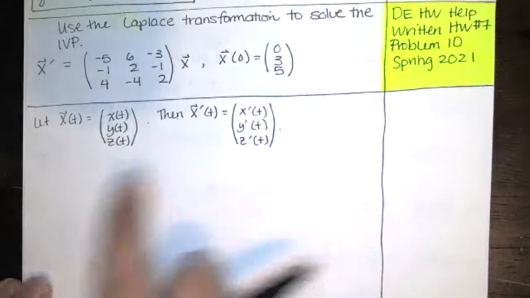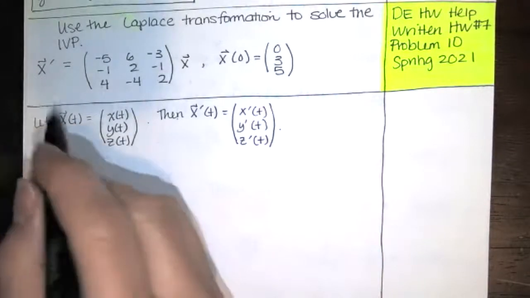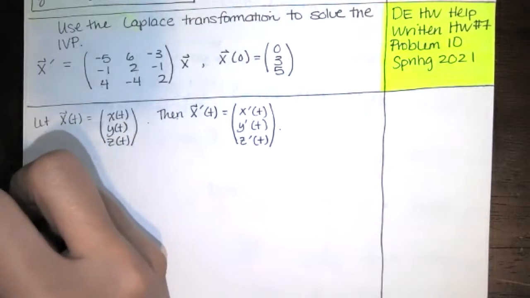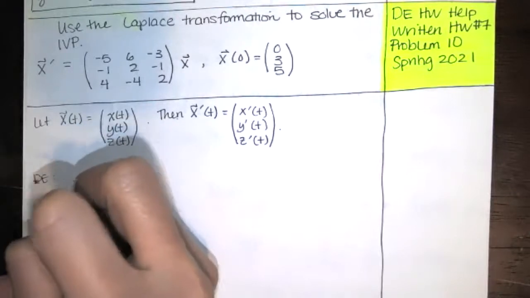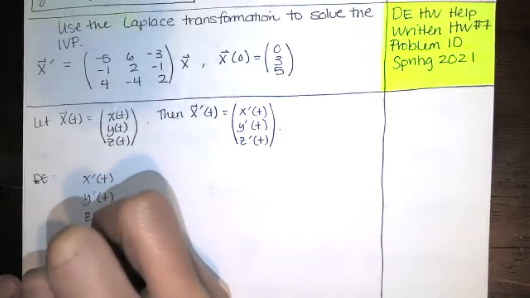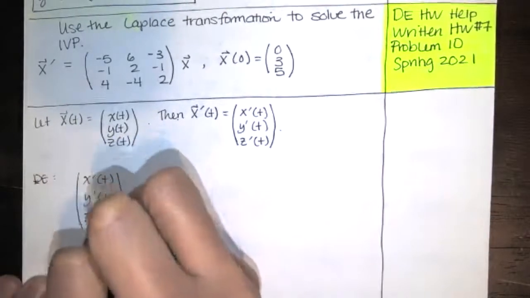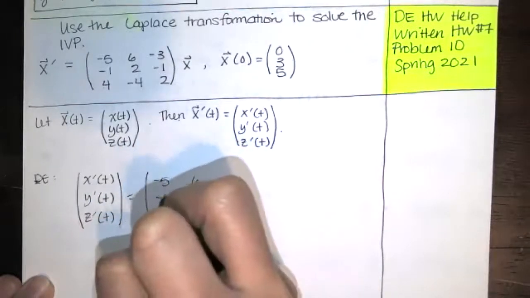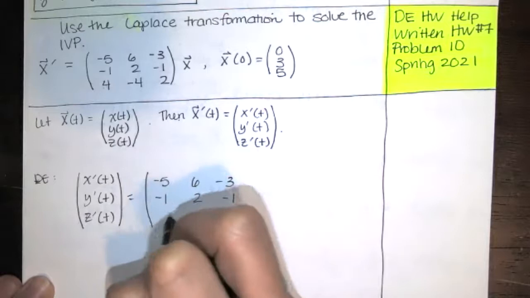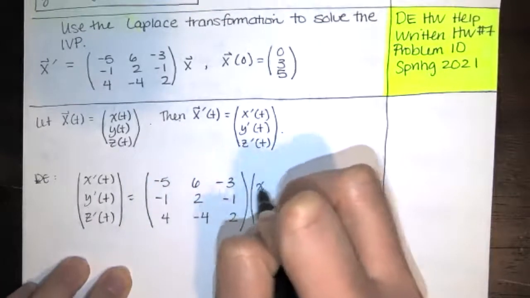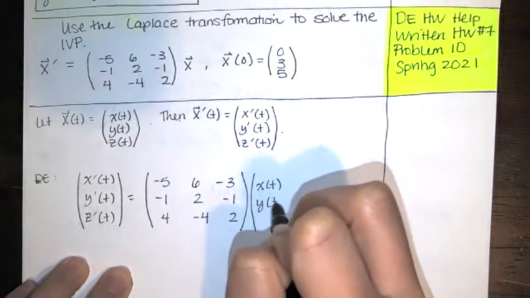Okay, so given that, then this equation, let's say the differential equation, can be written this way. It's x prime, y prime, z prime, that's our capital X prime on the left-hand side, equals this matrix times the vector with components x of t, y of t, and z of t.